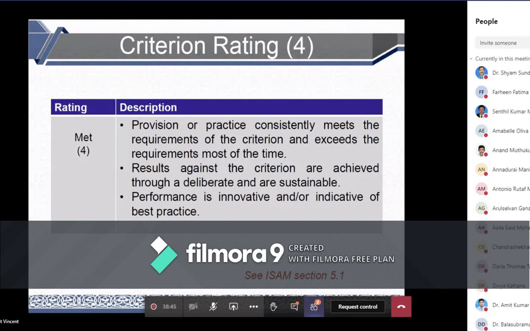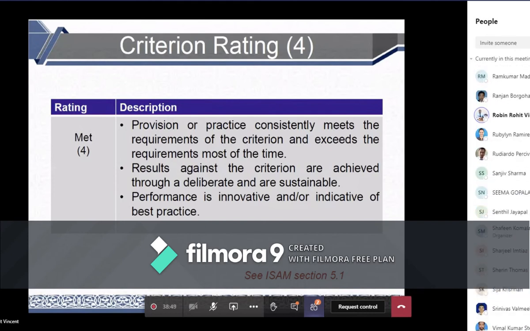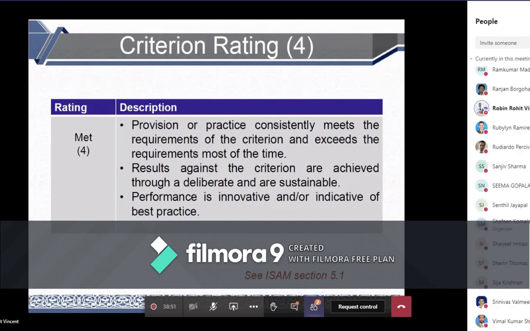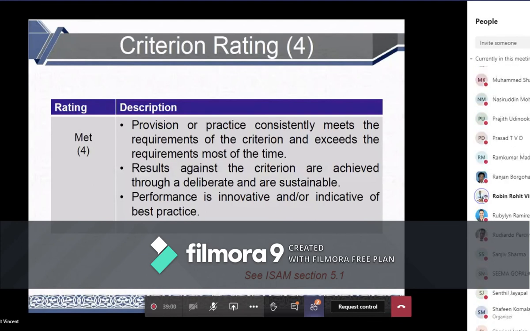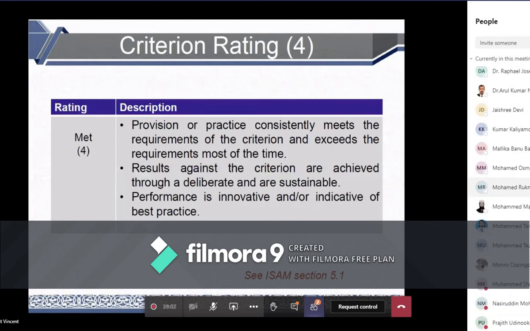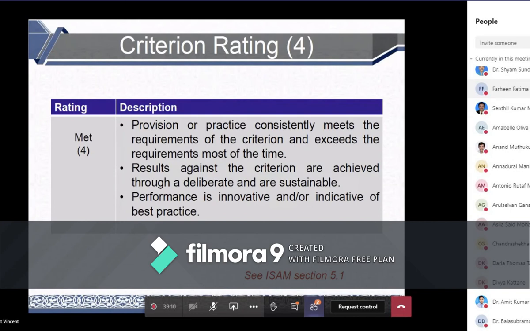That means there is no point of time where the process or the method that you deployed has gone wrong, and it has always exceeded the goals you have set. So you set, say for example, 70%, and every time in the last 7 years it has gone above 70%. So that's what is going to be a criteria rating of 4.